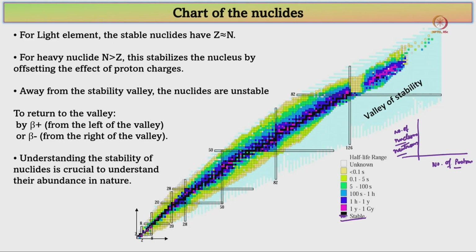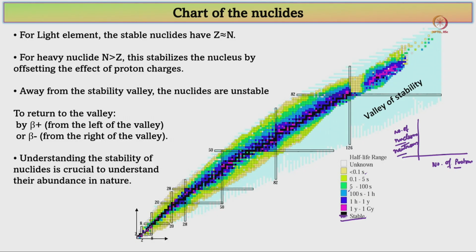So, the half life varies between 100 seconds to 1 hour. Certain elements have nuclei with extremely small half lives. For example, it can vary from 5 to less than 0.1 seconds. That means as soon as it is formed, it starts dissociating. So, just imagine 0.1 second.